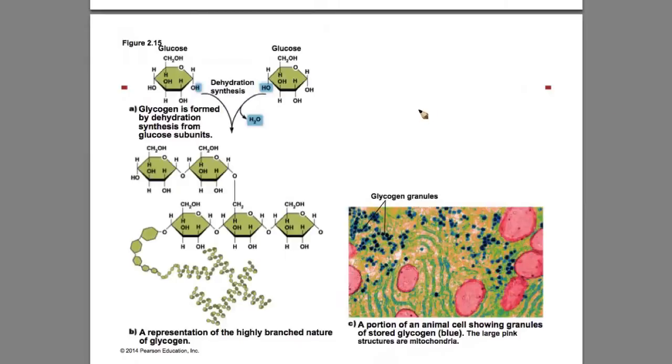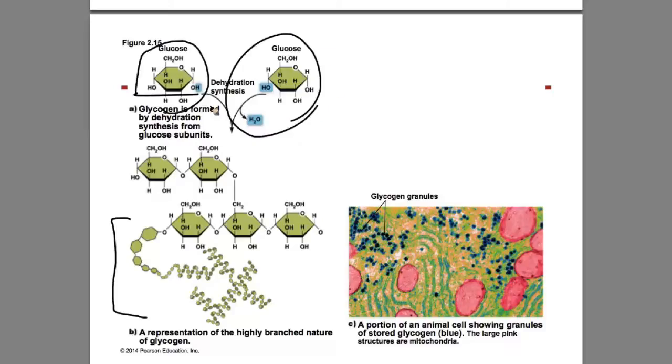Figure 2.15 represents how you make large polysaccharide chains from individual glucose molecules through the dehydration synthesis reactions that we talked about. Here's a nice micrograph from a cell showing the little starch granules here and here and here and here, all these little starch granules, which are storage depots for energy, right?